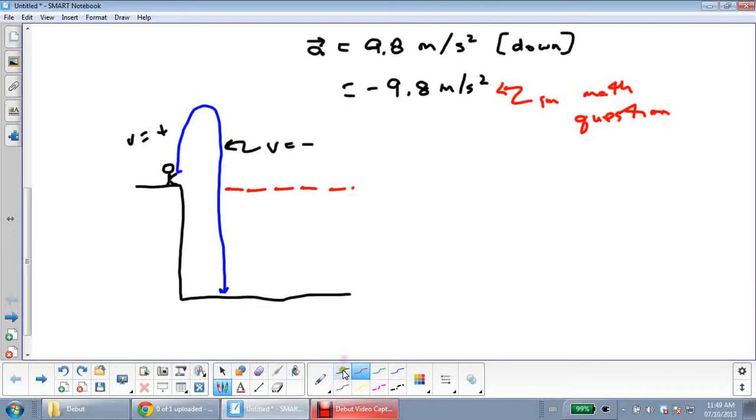There are a couple of different distances here. Any distance down here would have a negative number, whereas any distance up here would be positive.